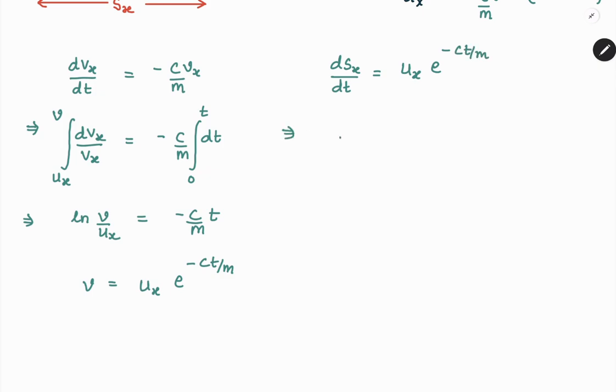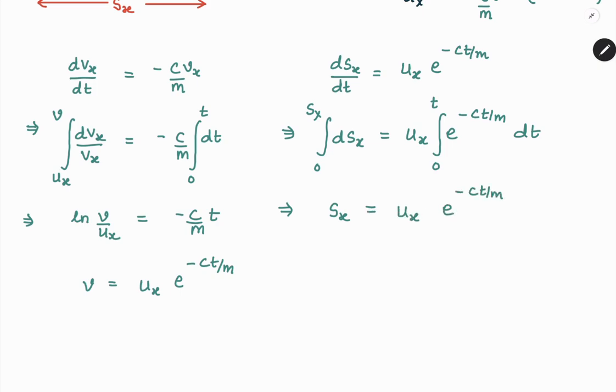So displacement along x-axis can be solved from this equation, e to the power minus ct by m dt, integrating both sides from t equal to 0 to t, which is 2 seconds, and from 0 to displacement along x-axis. So we get ux e to the power minus ct by m divided by the coefficient, that is minus c by m, evaluated from 0 to t, which is 2 seconds.